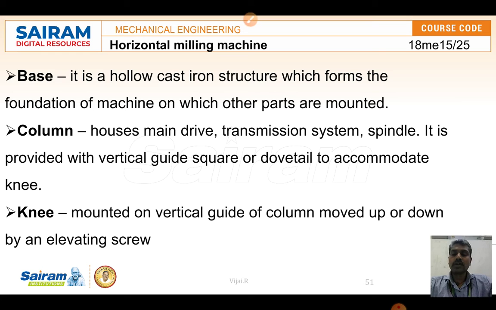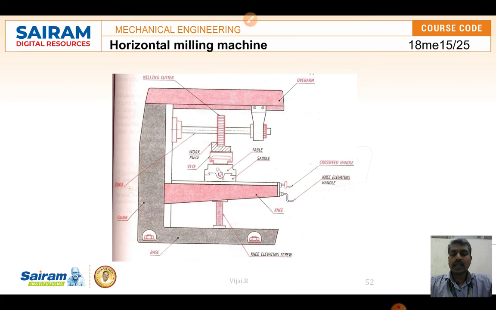The work table sits on the part called the knee. The knee is mounted on a vertical guideway of the column and can be moved up and down with the help of an elevating screw. If you rotate the elevating screw, the knee moves up and down.